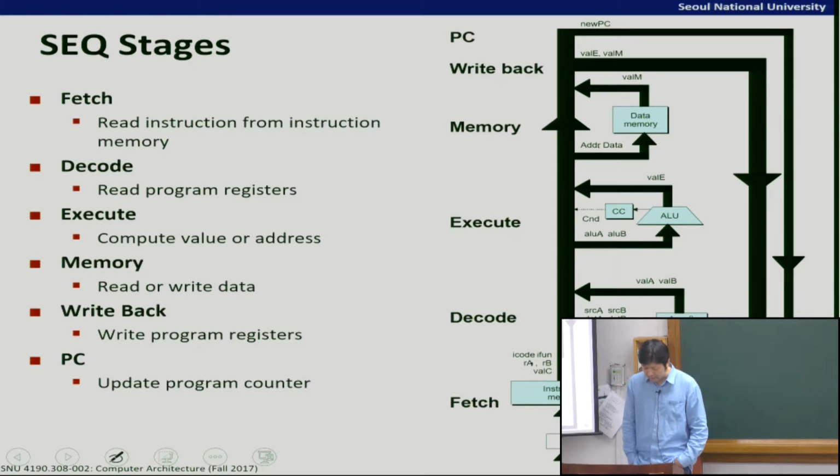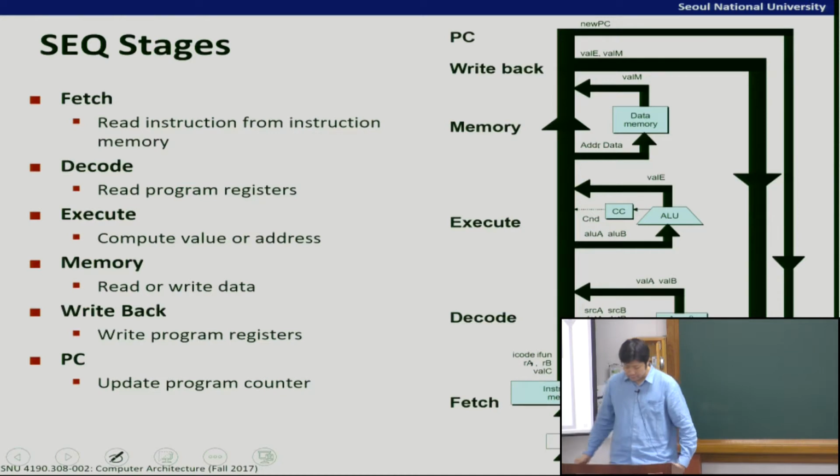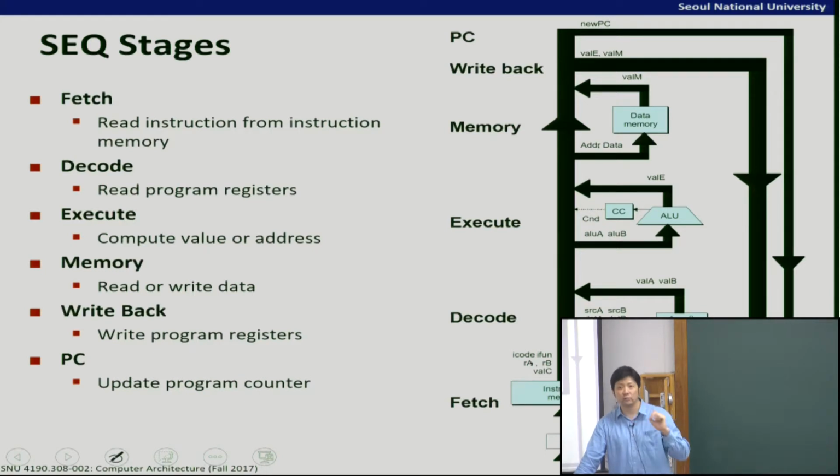The fourth stage is memory. You access memory for a load or a store. Let's say your instruction requires access to memory, maybe load, store, or pop, push. They all require access to memory, so in that case you access memory in the memory stage. Then you write back the value to the register file, because as a result of computation you need to update the register. That happens in the write back stage.